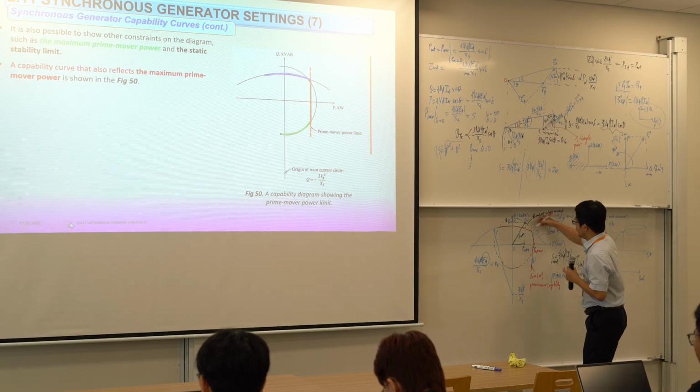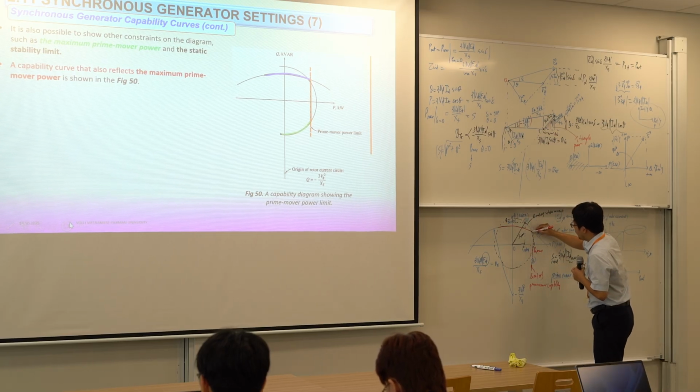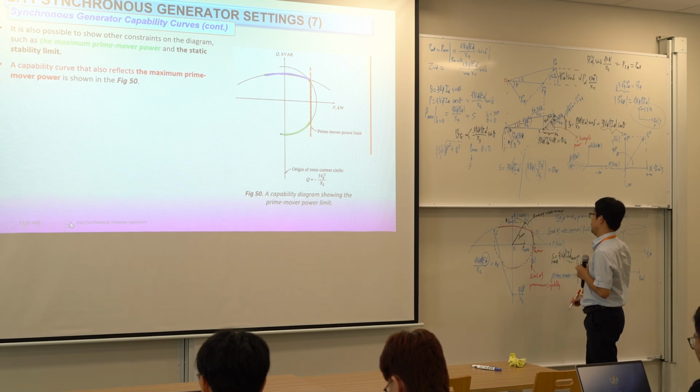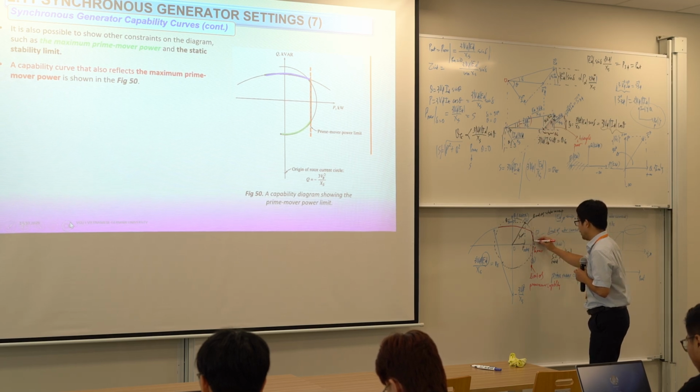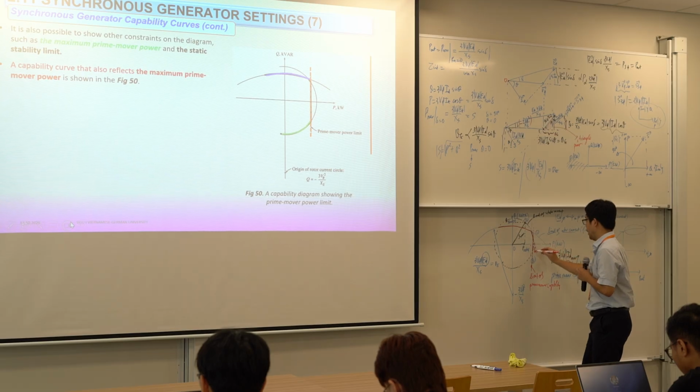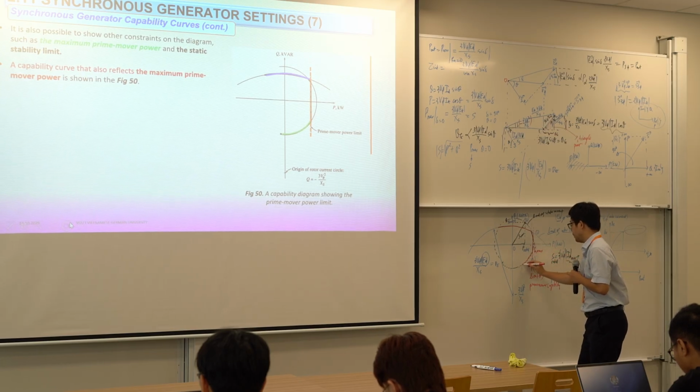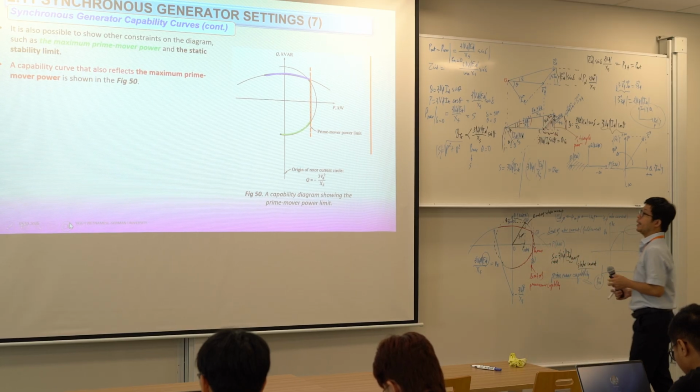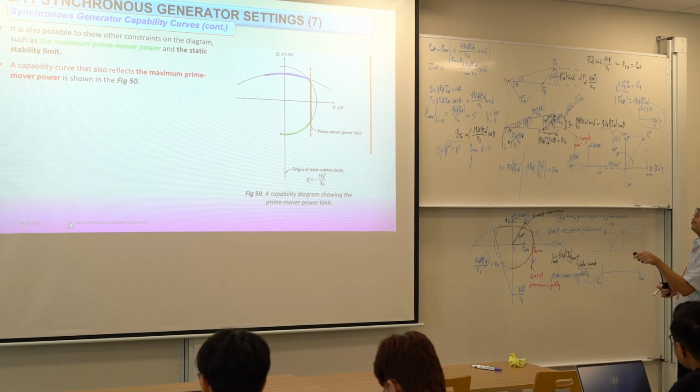Yes. Okay. So this is curve one. This one is curve two. And this one is curve three. Then this one. So we combine curve one, curve two, curve three back.